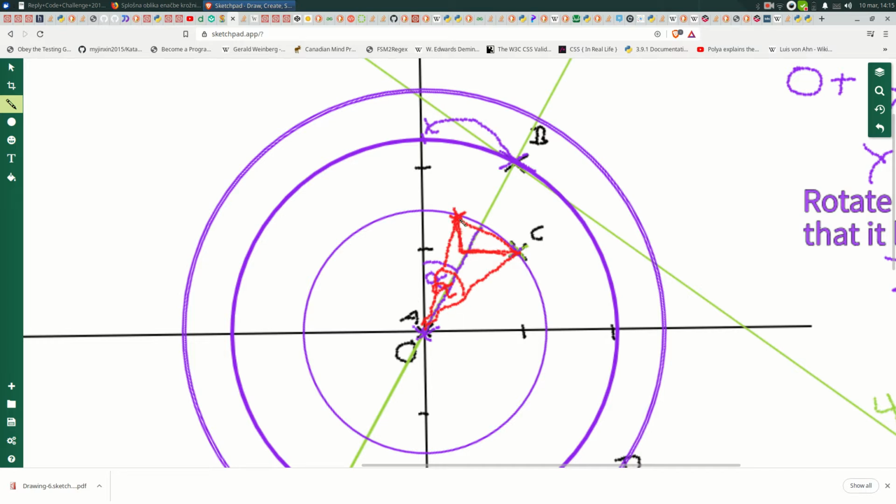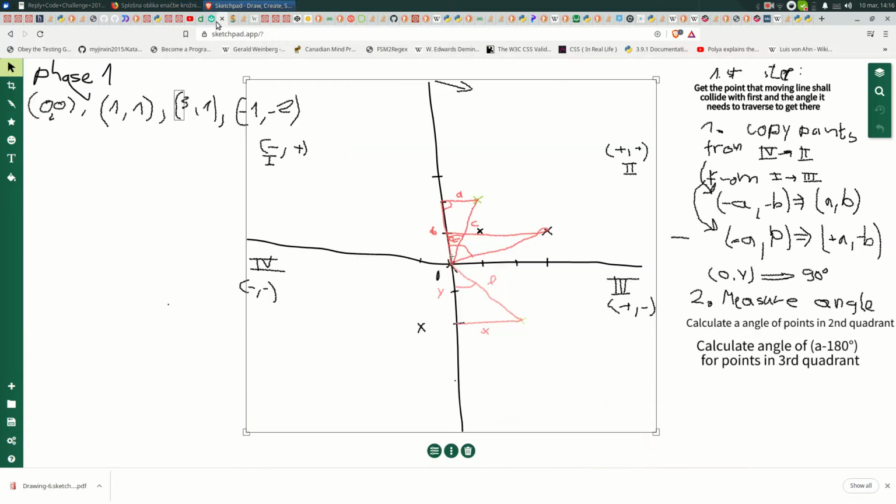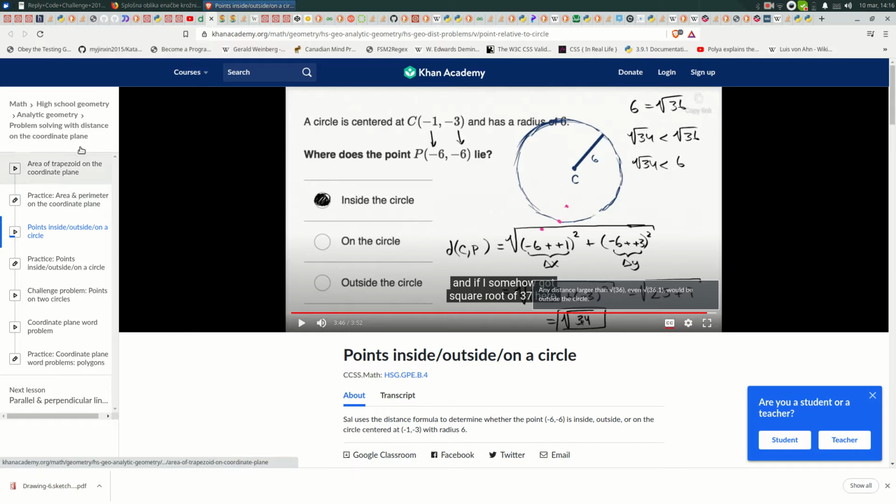We could find the size of this line, but then we would need this circle or that circle, and I don't know how to get that. Maybe there is any other thing inside.